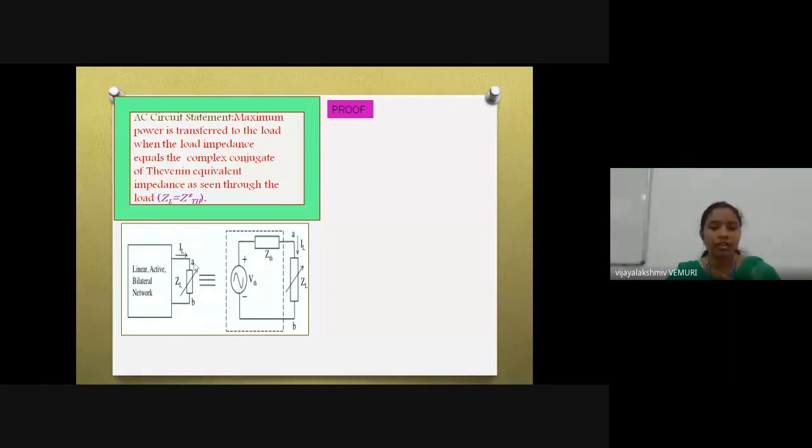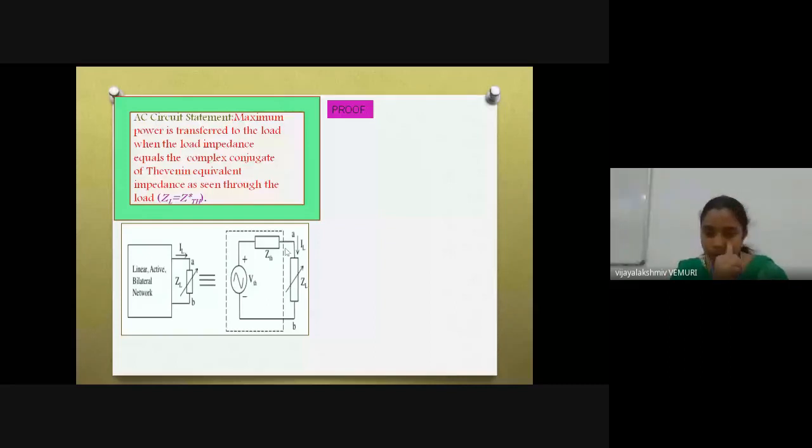After that, you need to connect this load. The maximum power is transferred from source to the load when the load impedance is equal to the complex conjugate of the source impedance. What is source impedance? Thevenin equivalent impedance.